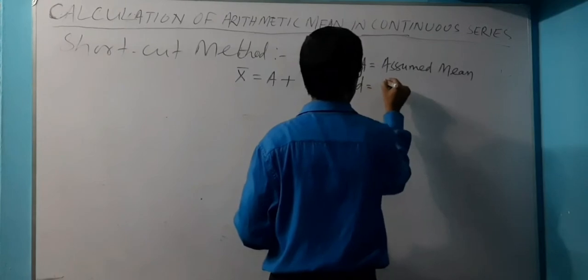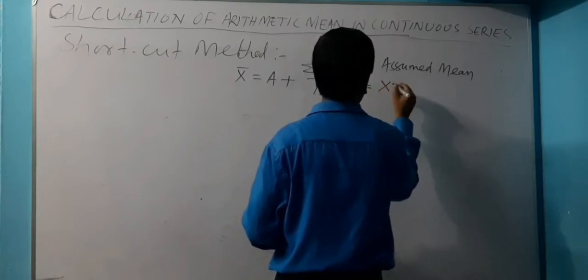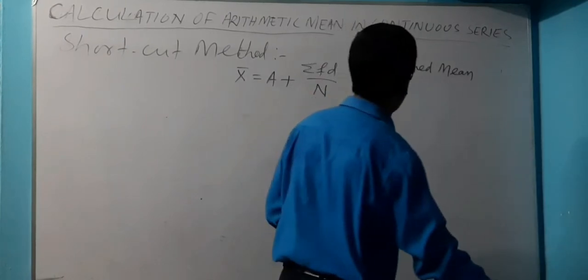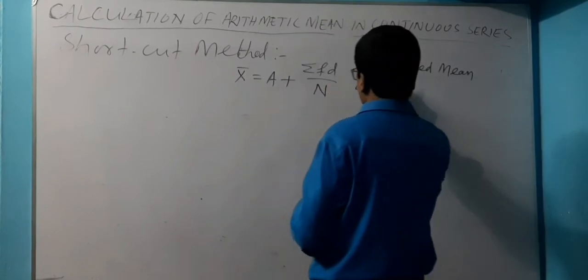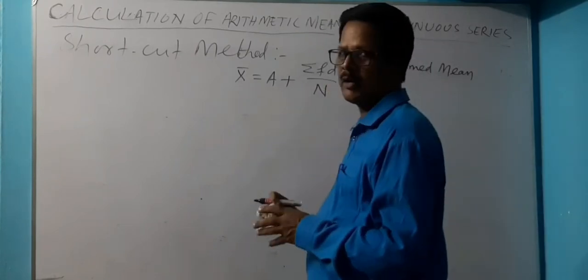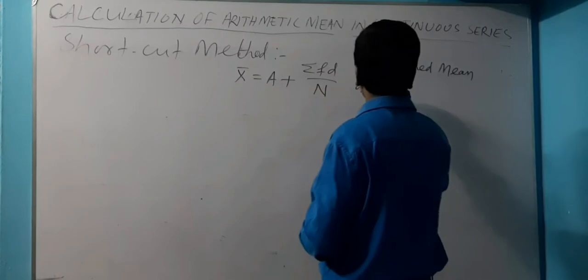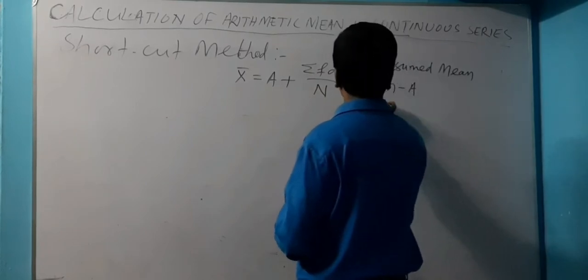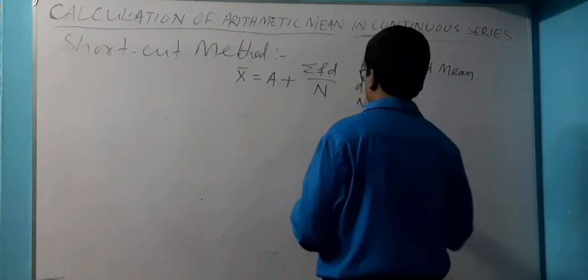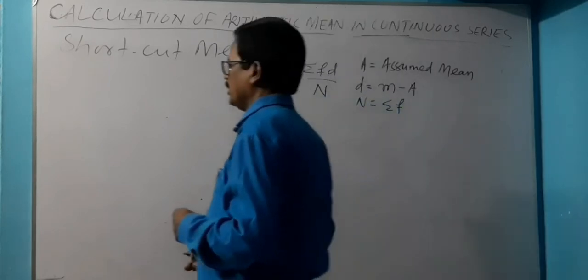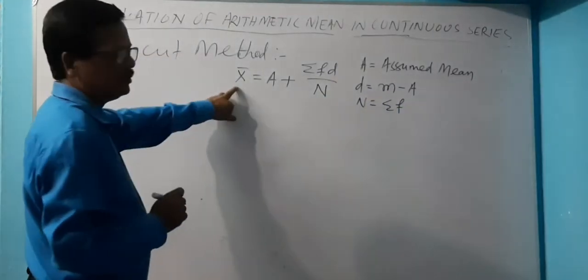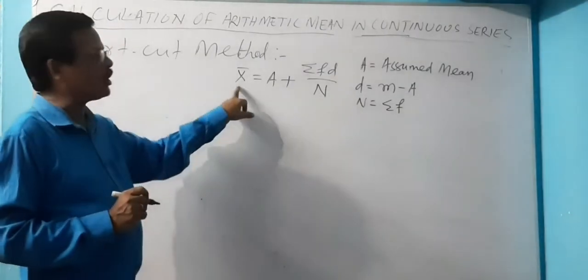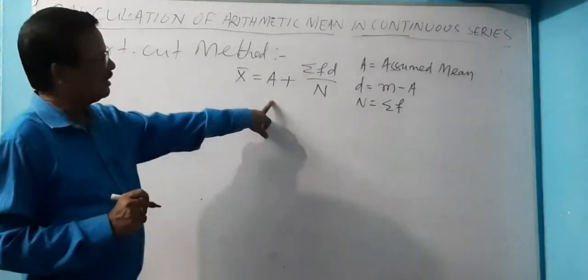D means X minus A, sorry, here not X, here M, because it is a continuous series. In a continuous series, we have to take the mid values. So D is equal to M minus A and N is equal to summation F. Right? Now, for example, a question comes. So X bar is equal to A plus summation FD by N.